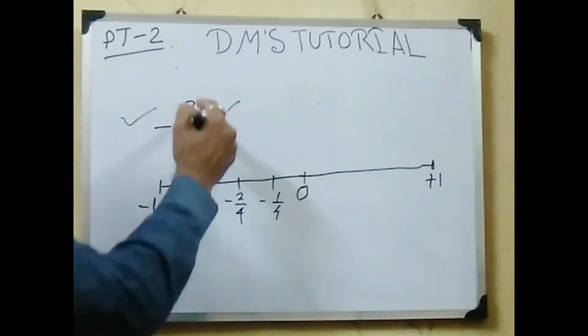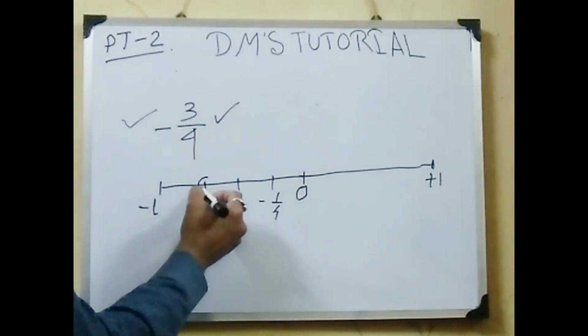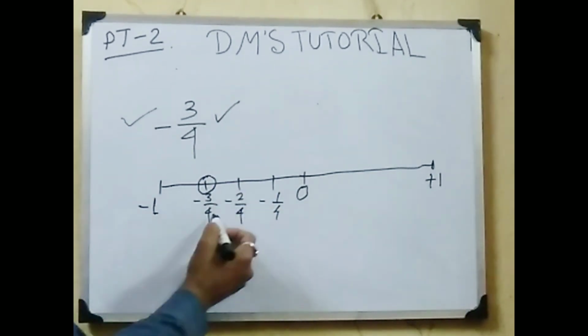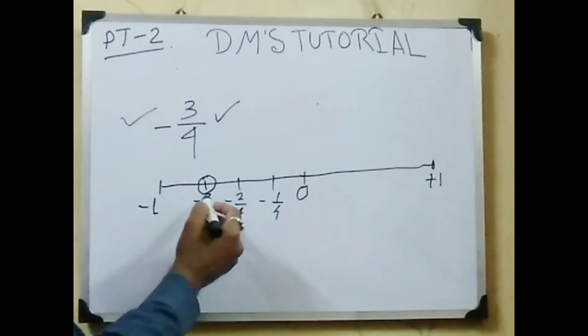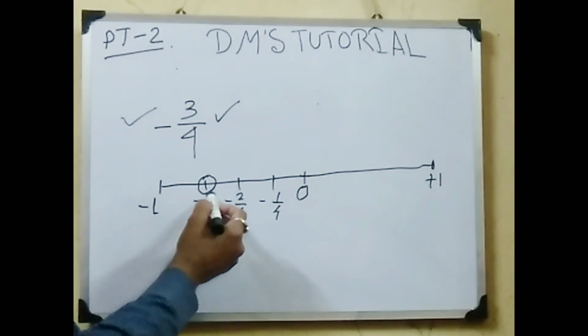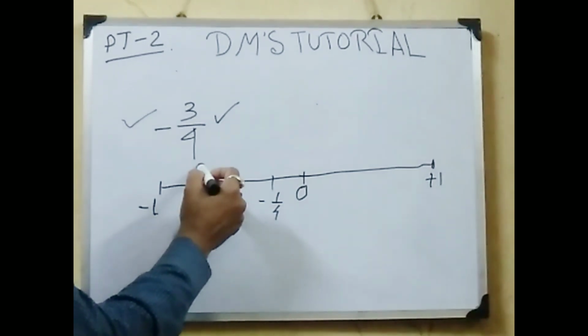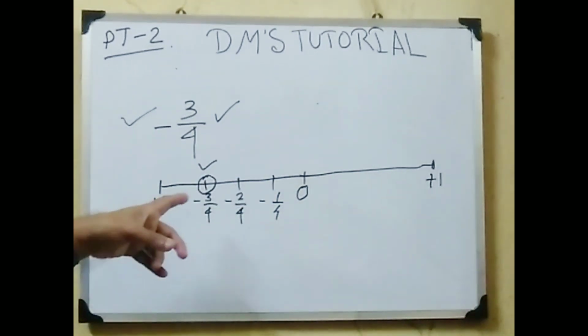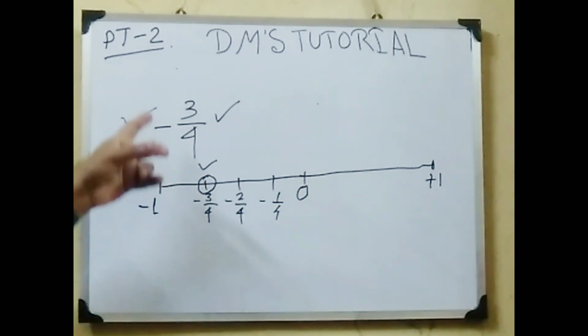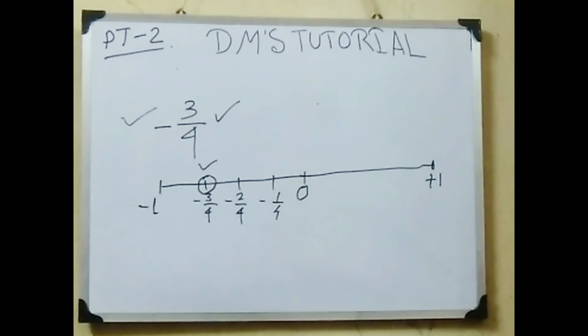So minus 3 by 4 is placed here. Out of 4 equal parts, 3 parts are taken. So minus 3 by 4 is here. This is the method of putting a rational number on the number line.